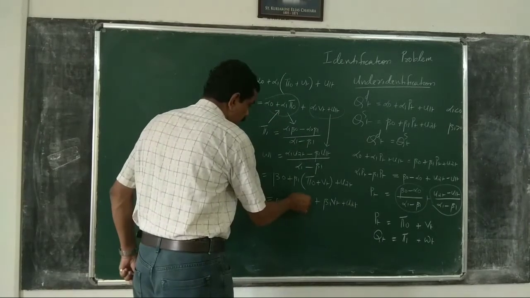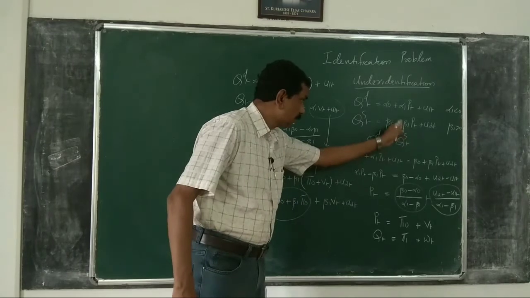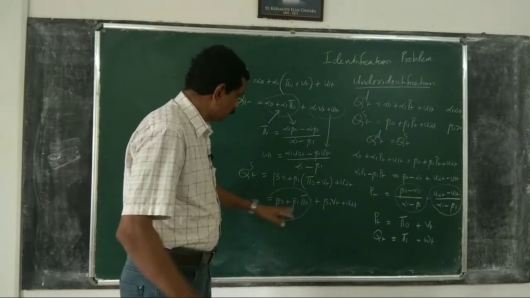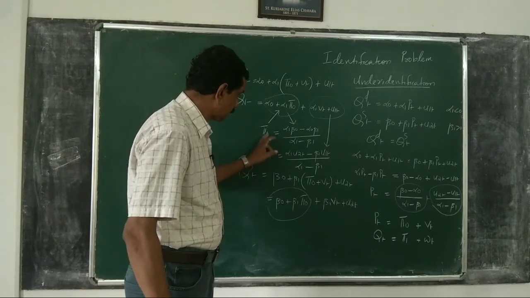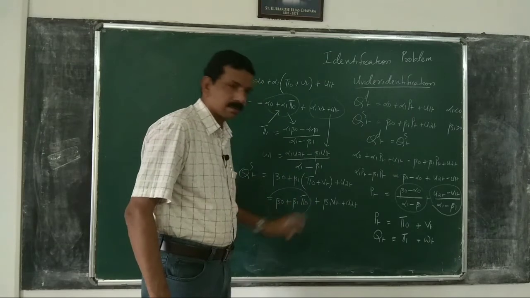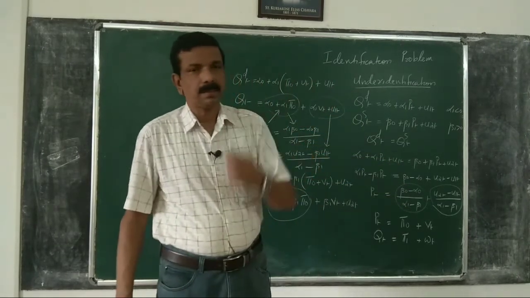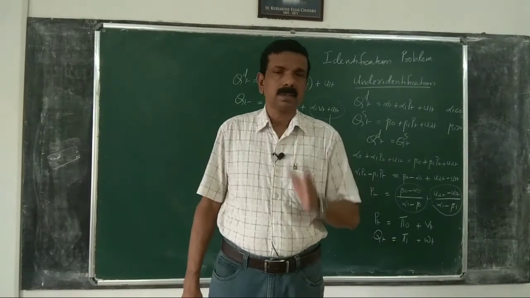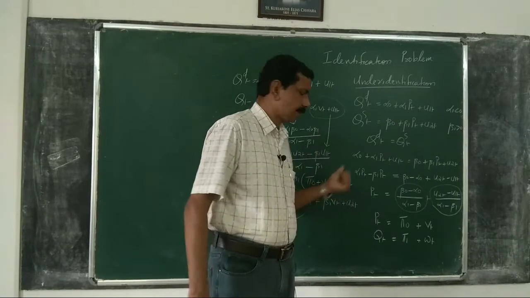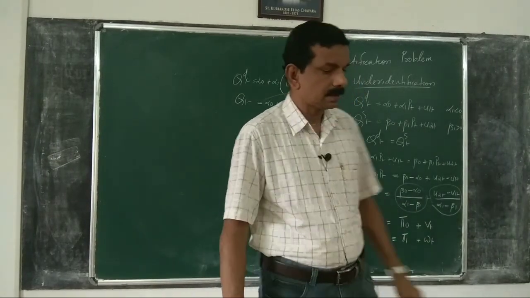Again, if you do all the substitutions, you will get this as pi 1 again, this as Wt again. That means you can substitute equilibrium price either in the demand equation or in the supply equation. That will give you equilibrium quantity. So these are the reduced form equations.